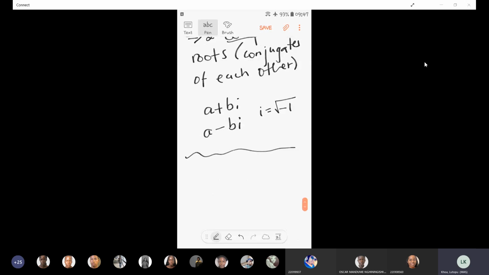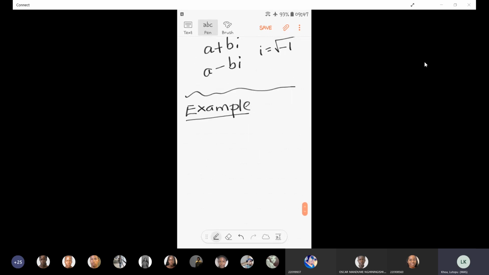So if we look at an example, we have this equation, x squared minus 4x plus 1 is equal to 0.